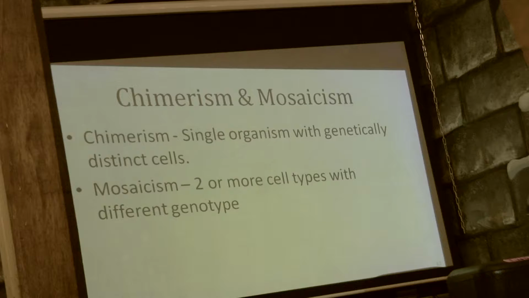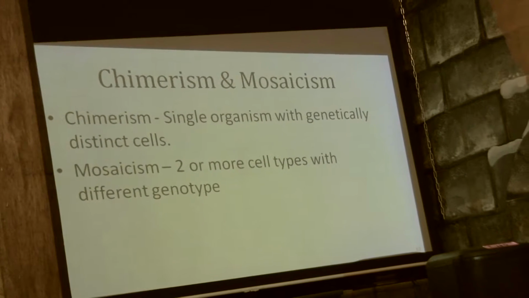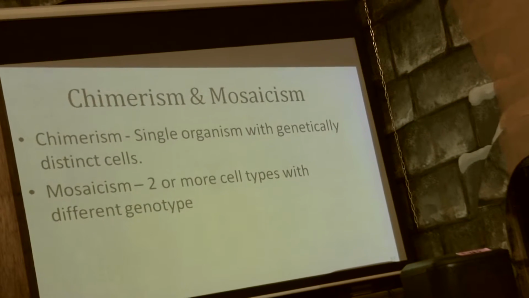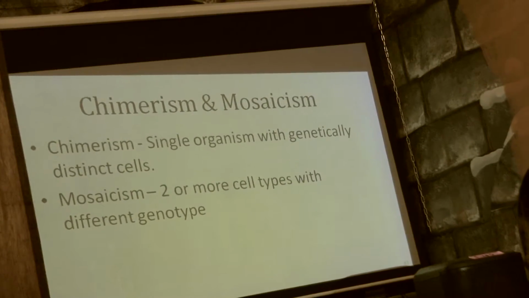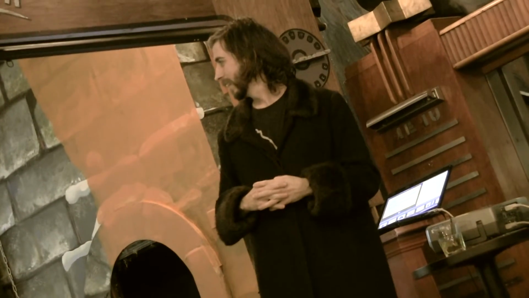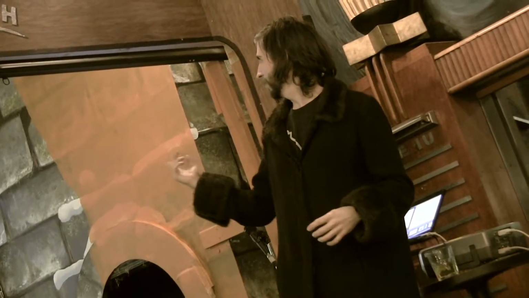So then you've got chimerism and mosaicism, which get constantly conflated in the literature, and I just put them in here because I wanted to. Chimerism is sort of like what I was talking about with the different genes and chromosomes being turned on and off, except you can have two genetically distinct cells.